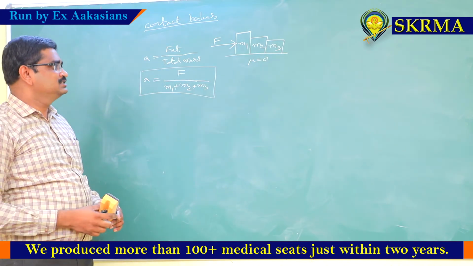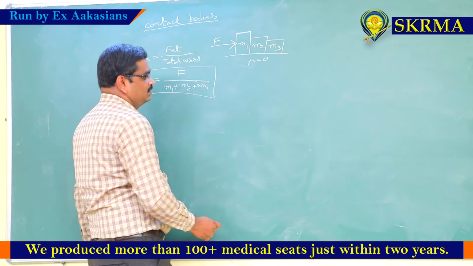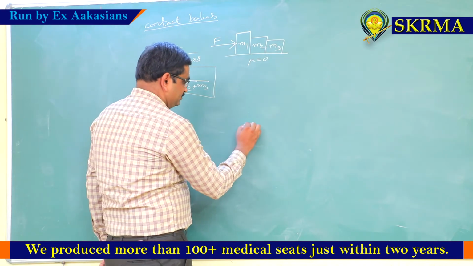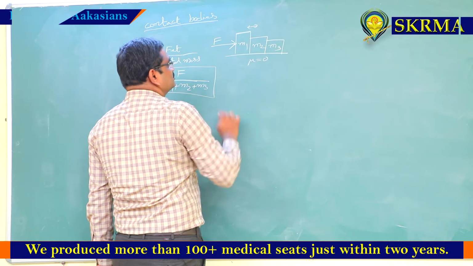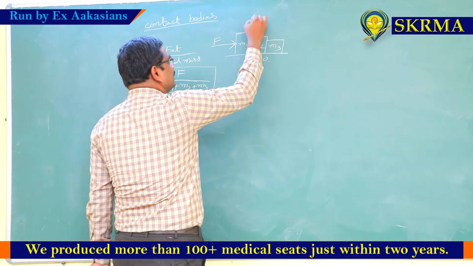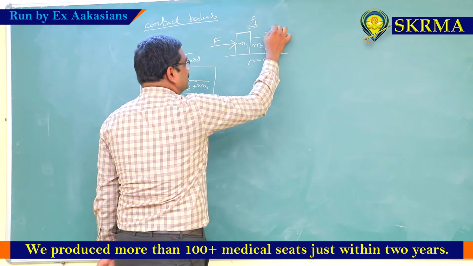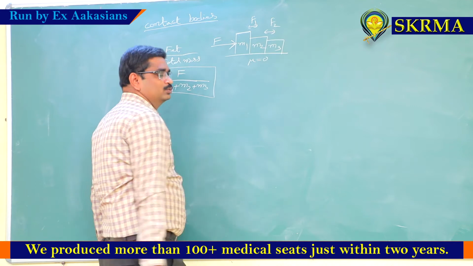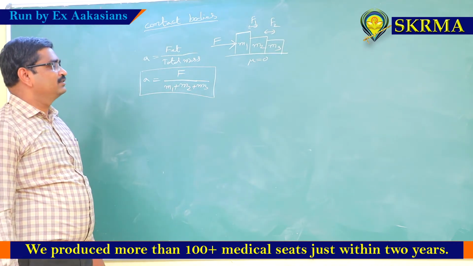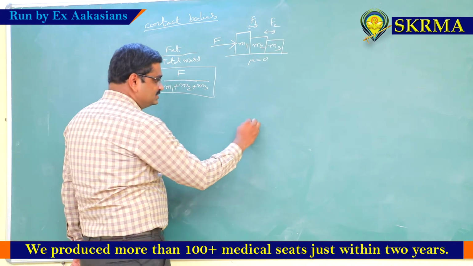Next, draw individual free body diagrams. First, for m1, assume the contact force between these two is F1. The contact force between m2 and m3 is F2. Now draw the free body diagram for each individual mass.